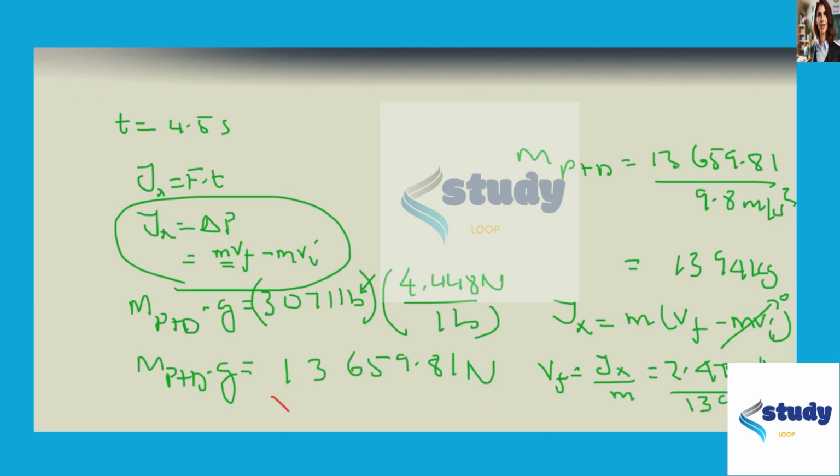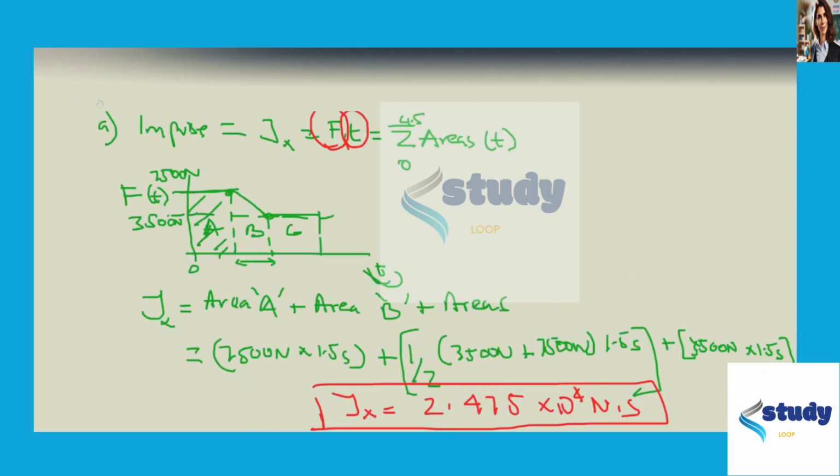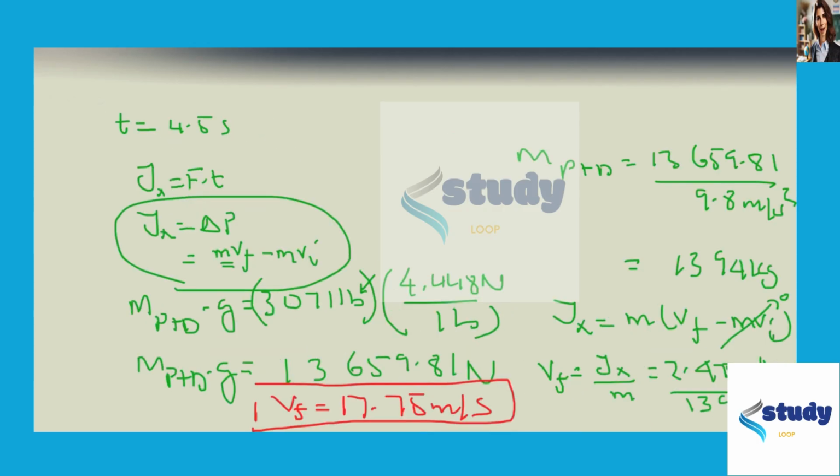That helps us get the final velocity, which is approximately 17.75 meters per second. That's the final velocity at 4.5 seconds. That's part B of the problem. This was part A.